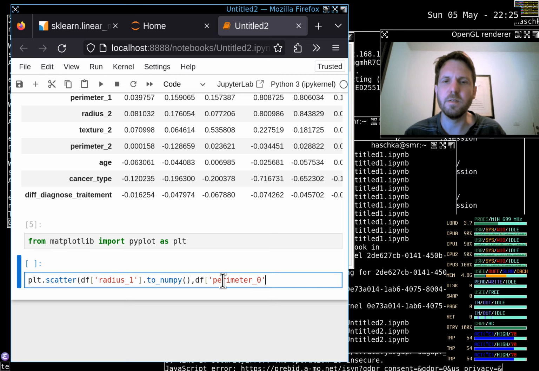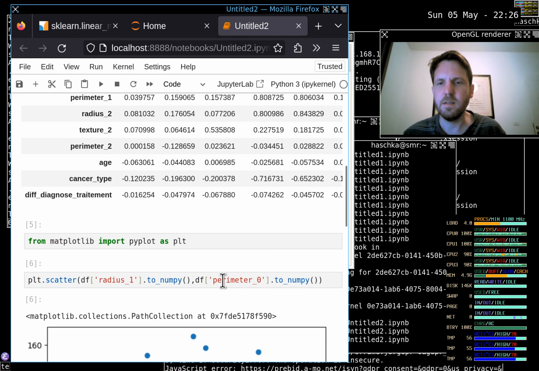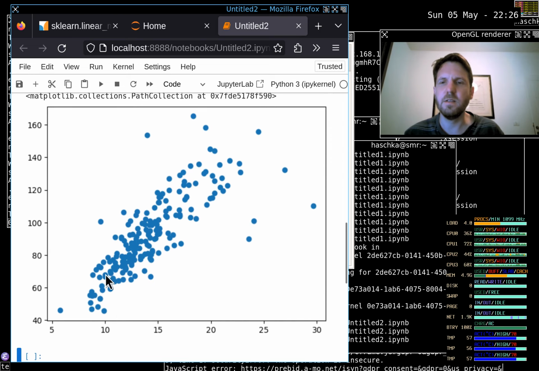How does radius 1 behave in comparison to perimeter 0? So we plot radius 1 on the x-axis, perimeter 0 on the y-axis for each data point. As easy as this is done, and we see that there is some kind of linear relationship that we can find between these two.